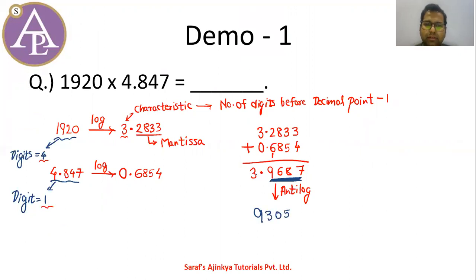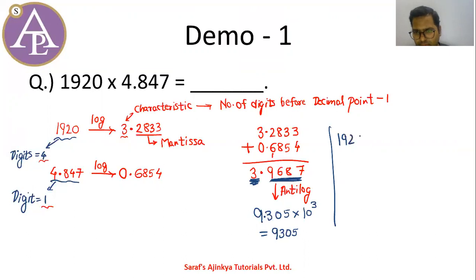Okay, and I will put one decimal. Where will I put the decimal? I will put the decimal after the first digit, and I will say 10 to the power this number. What is this number? This number is 3. So I will say 10 to the power 3. It means my answer is 9305. Correct.